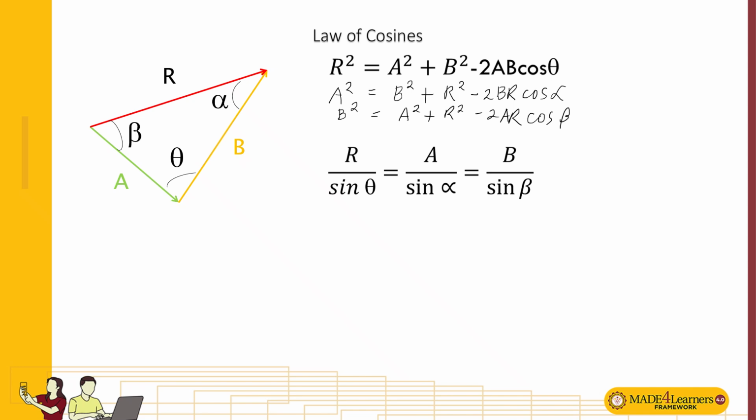And then for the law of sines, the ratio of a side to the sine of the angle opposite to it is constant. So if you use side A, you get the ratio of the magnitude of that side to the sine of the angle opposite to side A. So it's equal to this value here.